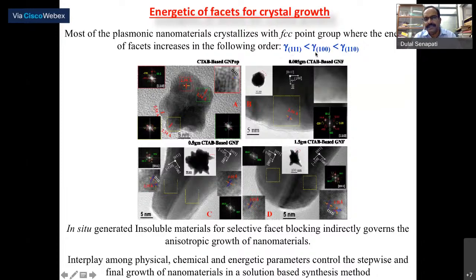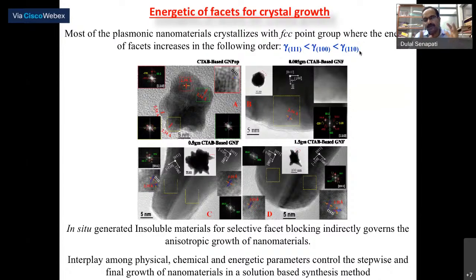The next one energetically stable is the 100, and the most unstable facet is the 110. So if anything is exposed to some impurity, the 110 facet will try to block fast and will allow the other facets to grow.